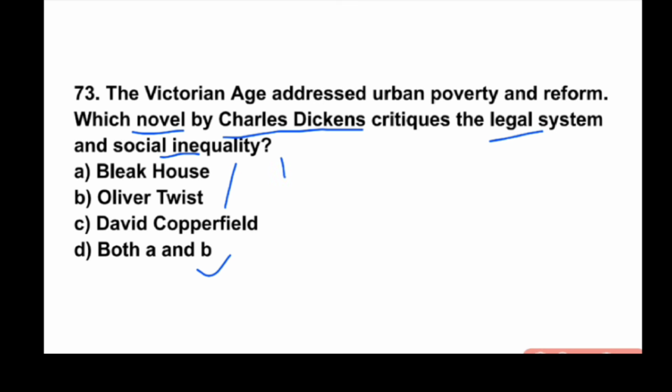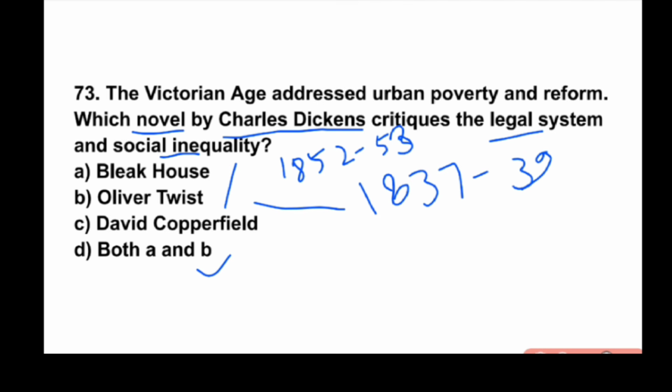Bleak House, 1852 to 53, and Oliver Twist, 1837 to 39, exposed social injustices, securing their canonical status.